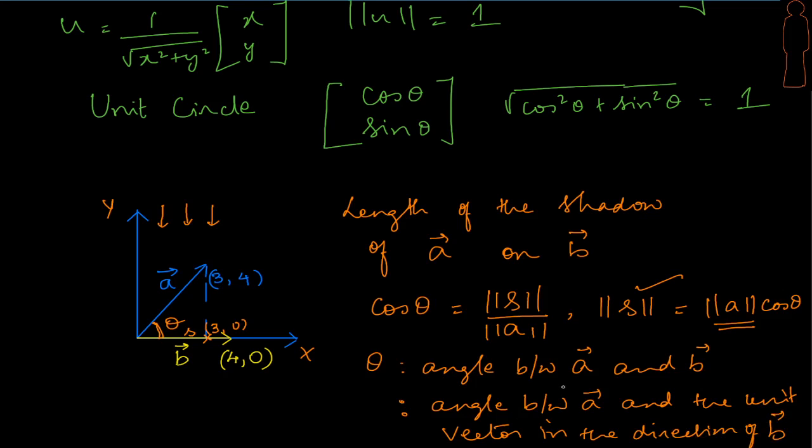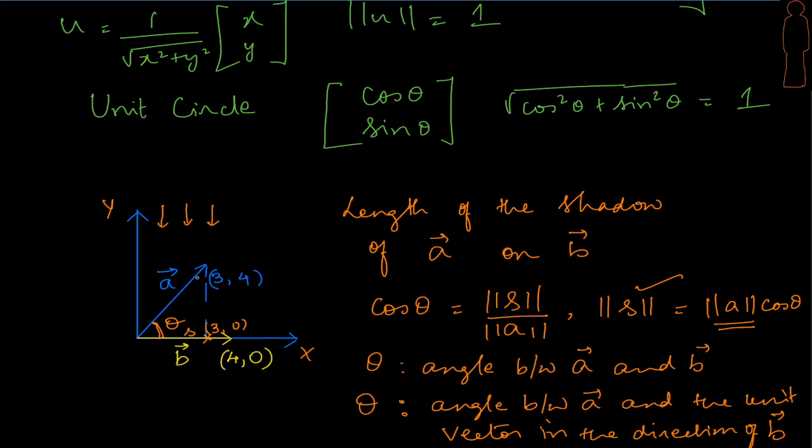See, this angle between A and B vector is theta, and we are finding the unit vector in the direction of B. Now you understand this statement because we just now completed what a unit vector is. Therefore, the angle between A and the unit vector in the direction of B has got to be the same. So this will also be theta. This is how we are trying to generalize it.